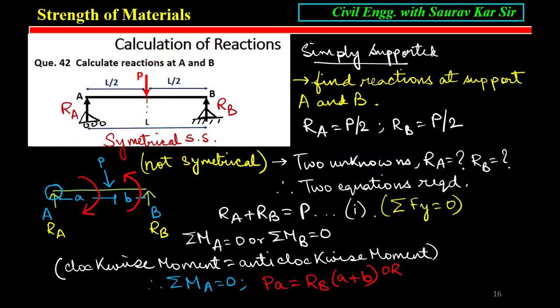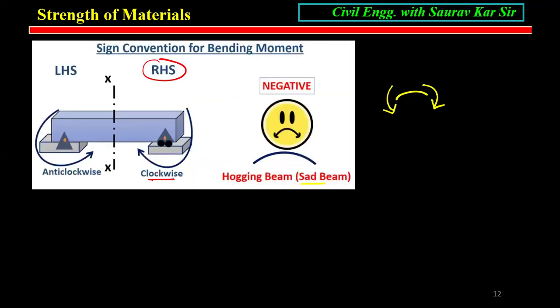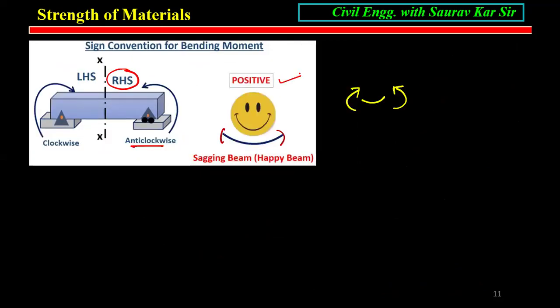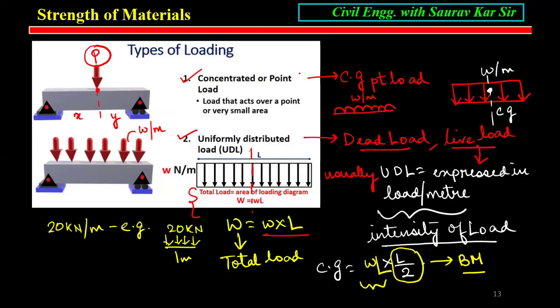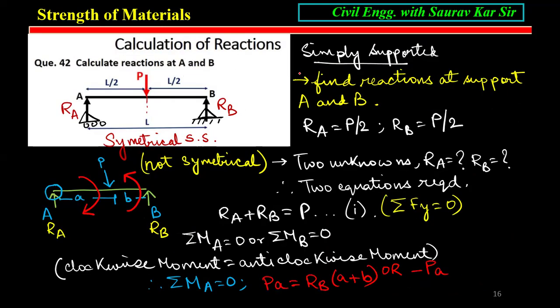So due to the clockwise P, it is negative: you can write minus PA. Anti-clockwise gives plus RB into A plus B. Take the whole equation equals 0.